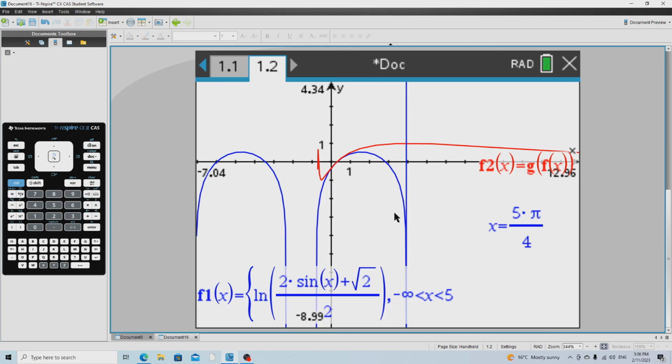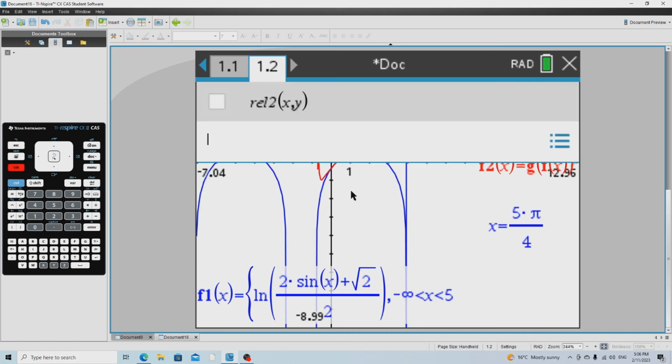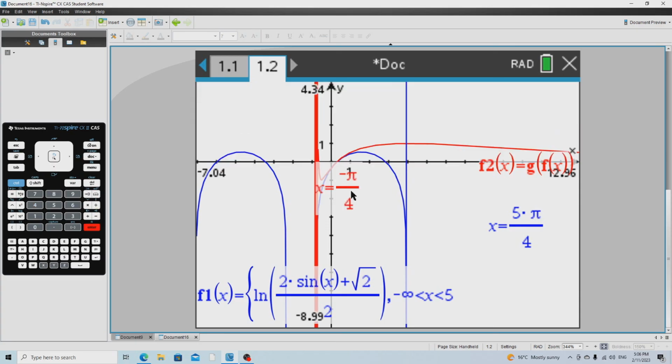Well, let's look at C. It's also saying from negative pi over 4. So if I draw where x is equal to negative pi over 4, okay, wow. So that is the asymptote. But the problem is it's not including this g f of x. As you can see, it's actually not in that thing.